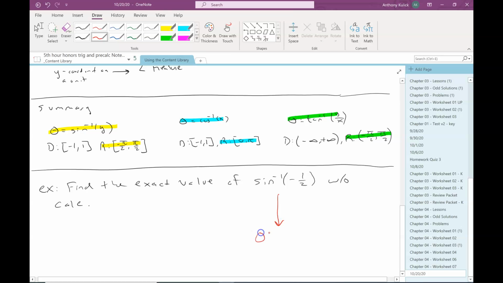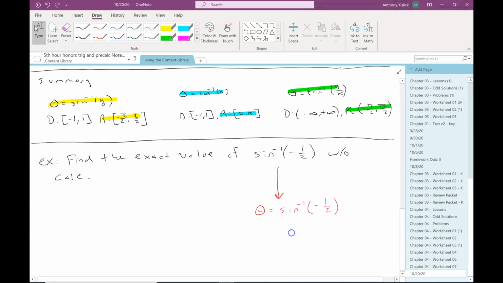So sine inverse of -1/2 is going to be looking for an angle measure, right? It's basically the same thing as saying, okay, sine of what angle gives us the output of -1/2.